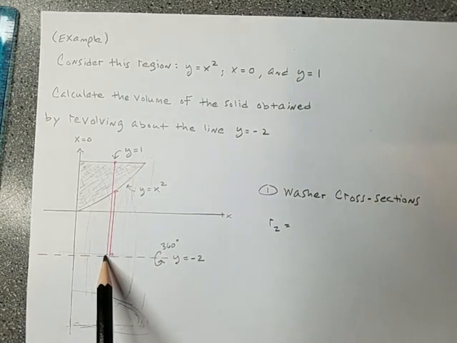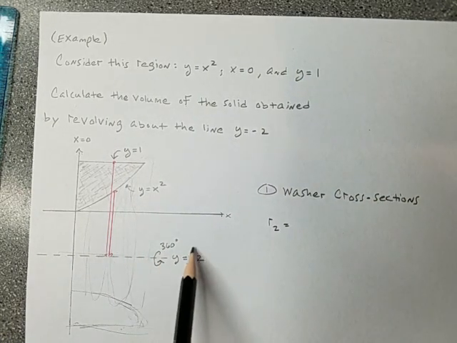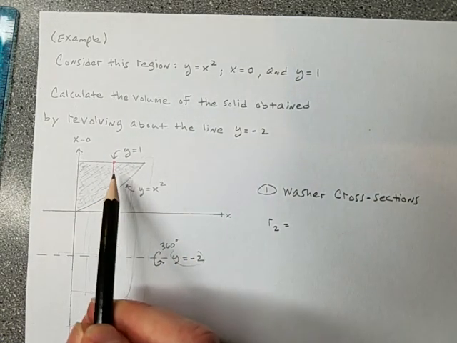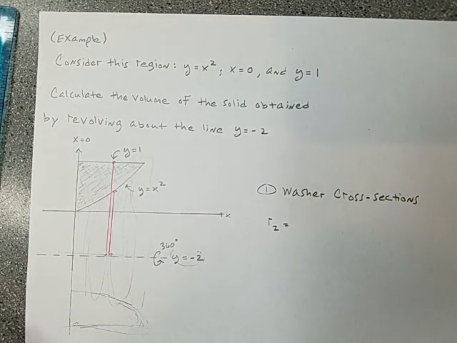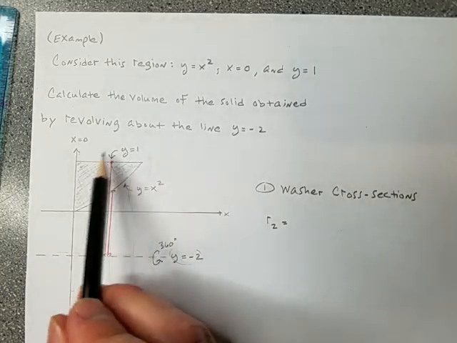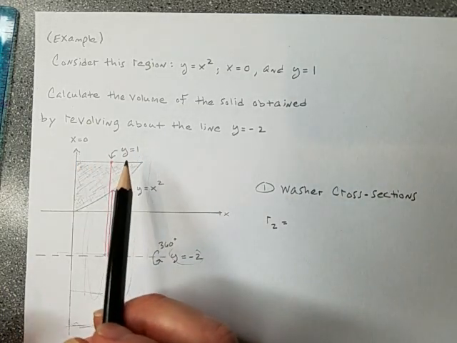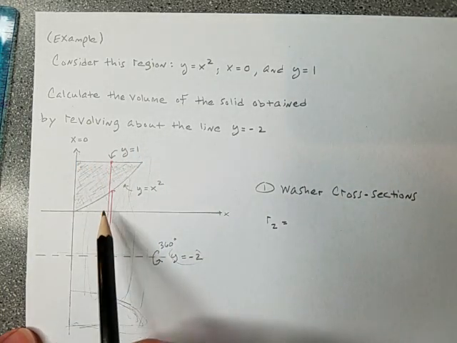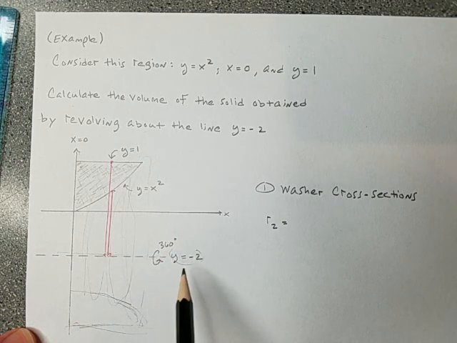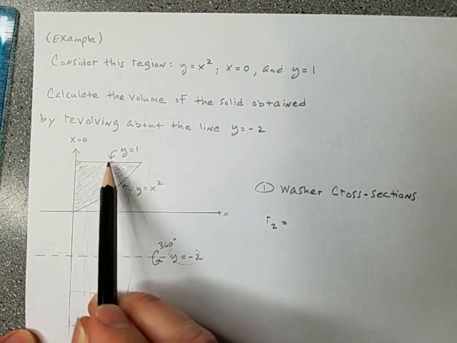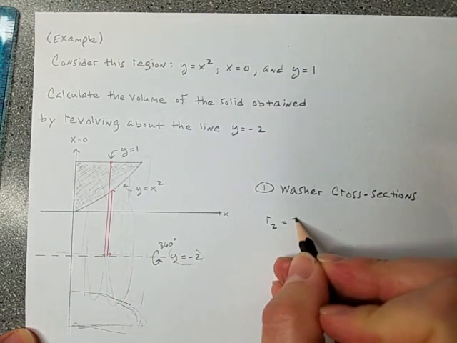How far is it from this line, y equals -2, to this line, y equals 1? This is a horizontal line. There's no slope to it, it's not curved. It wouldn't matter where I drew this. Isn't the distance from y equals -2 up to y equals 1 just 3?